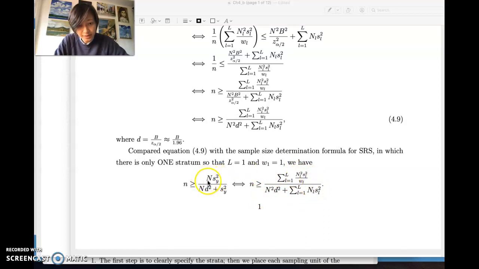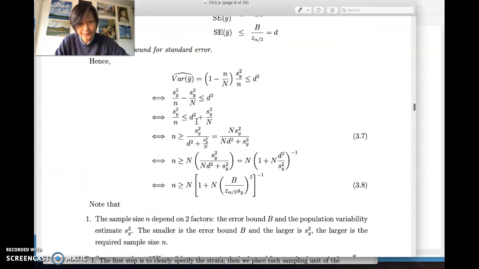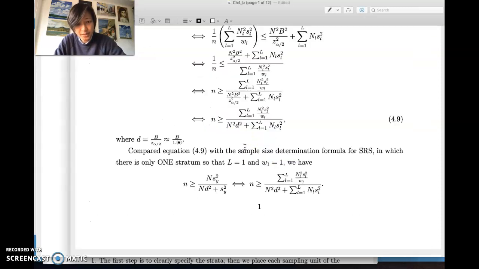Then we end up having n equals s y squared divided by n d squared... with one n cancelled, so s y squared. So this is exactly what we had in chapter 3, equation 3.7 for the sample size determination formula. Okay?